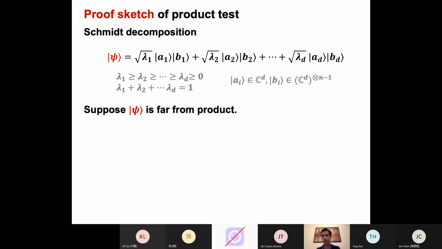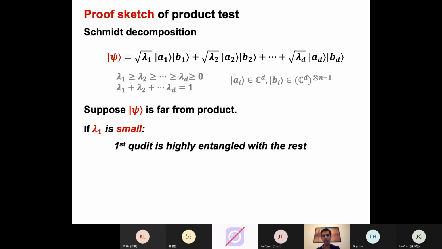Now, let's assume that the state psi is far from being product. And we want to show that the product test will reject this state with high probability. So there are two possibilities here. One is that lambda 1 is small. And since these lambda coefficients are sorted in a non-increasing order, if lambda 1 is small, it means this distribution over lambdas is more or less uniform.